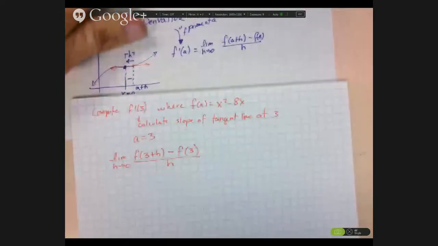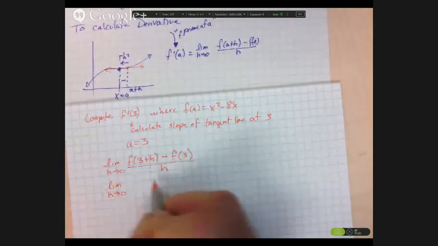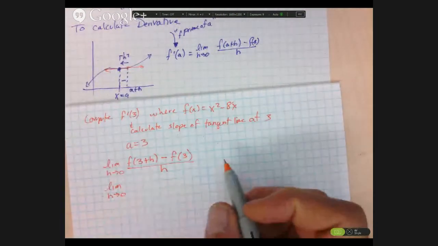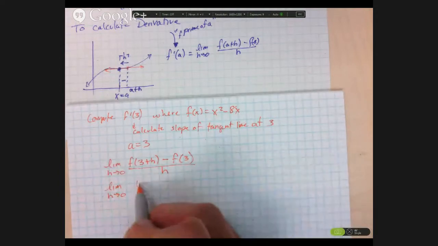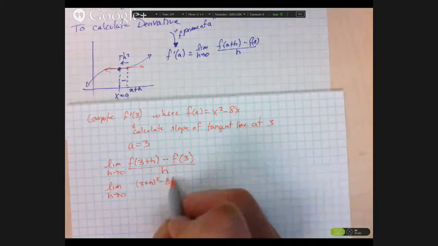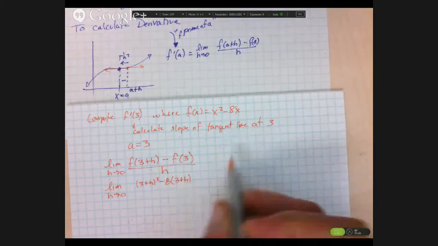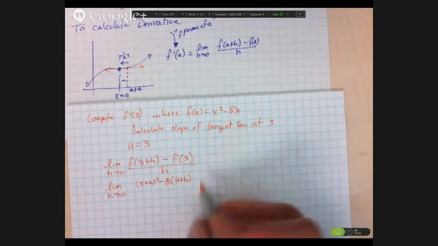All right. Okay, what is f of 3 plus h? Plug it in: 3 plus h squared minus 8 times 3 plus h. Yep, plug 3 plus h in.